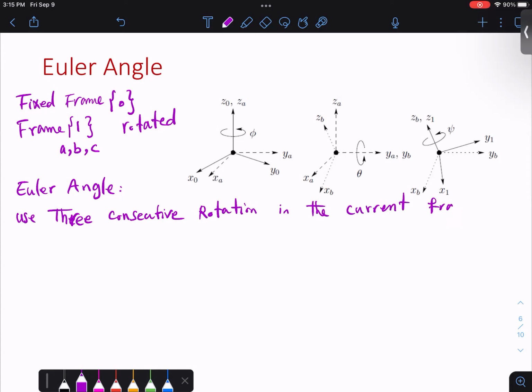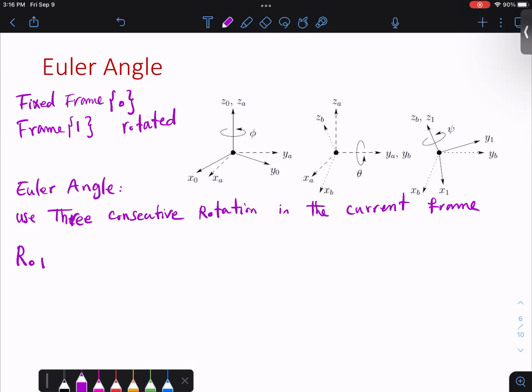Current frame means that you will post multiply all those rotations such that you're going from 0 to 1, which is your rotated frame, through rotation A, rotation B, and the last one, which is itself. So it's A, B, and 1. So forget about A, B, C.